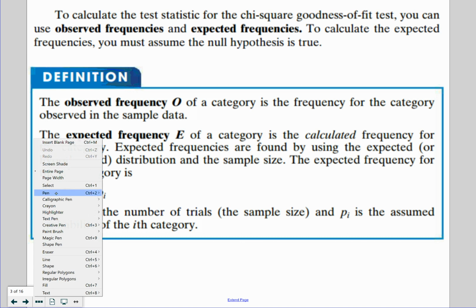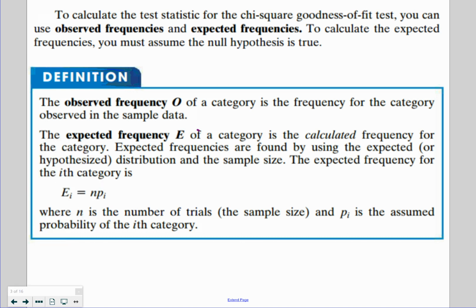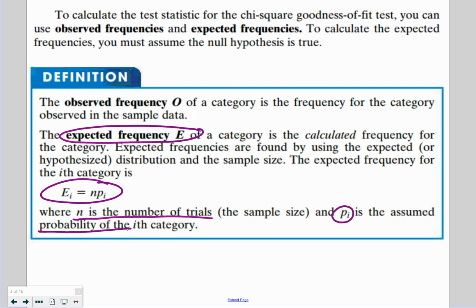Expected frequencies are something that a lot of times you do have to calculate. An expected frequency for any individual category is calculated by n times p sub i, where n is the number of trials, or the sample size like we've talked about before, and p sub i is the probability of that category happening. Sometimes they'll give you a percentage that you can multiply by n, and that's what we would use this formula for.